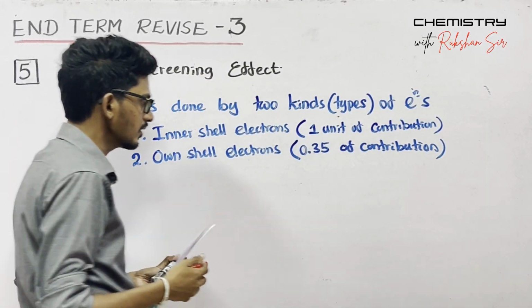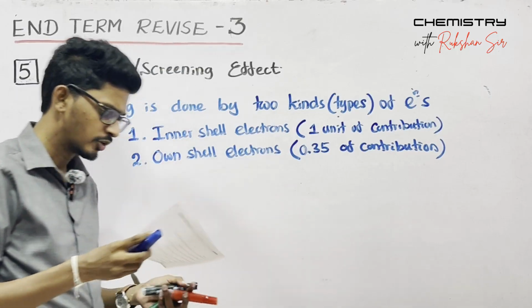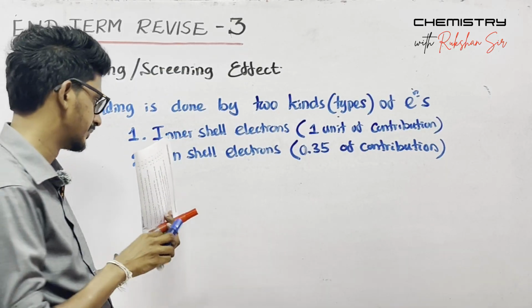So what happens when going from left to right of a period?